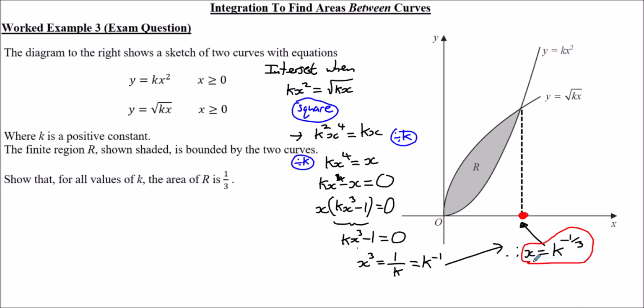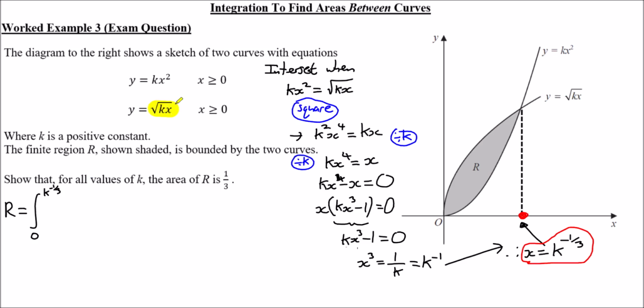So using that, we can now find the area R. So R is going to be the integral in between 0 and k to the negative 1/3 of the function which is the higher one, which is going to be root kx. So I'm going to rewrite this in a different form, in fact.